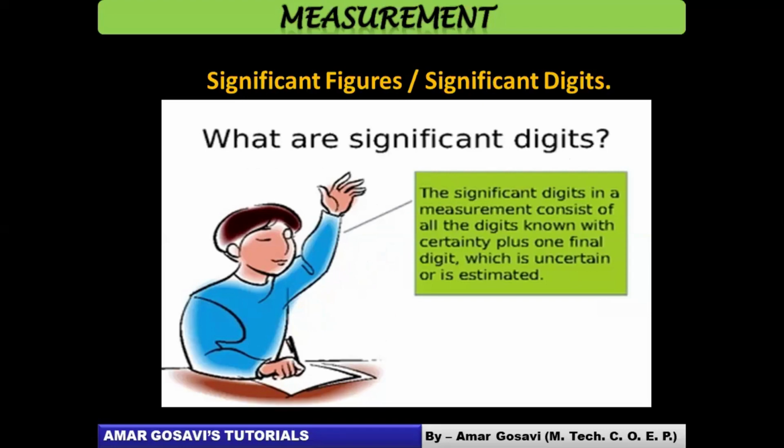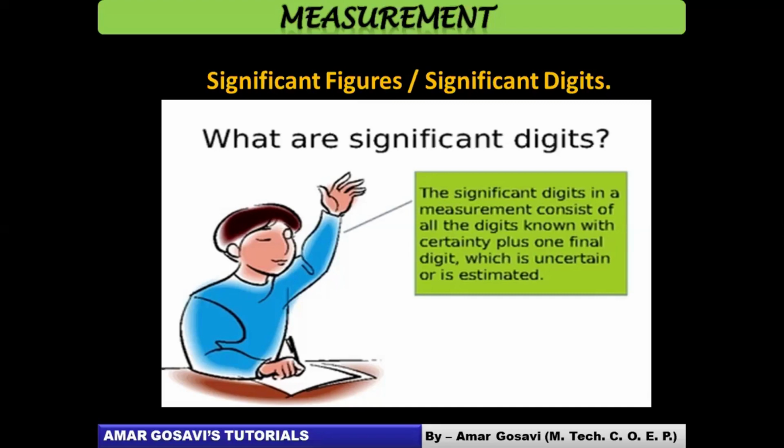So 3 plus 1 is 4 in that. But then there are certain rules also for how we work out the significant digits. You should be aware of these rules. If you are aware of these rules, then it will be easier for you to solve the problems also. Let's go through the rules one by one before I make you work out some problems on order of the quantity and significant figures as well.